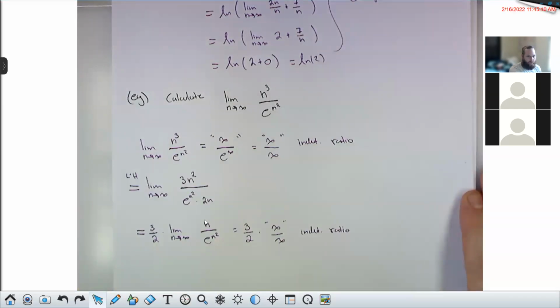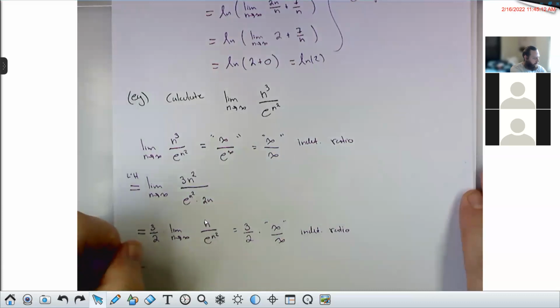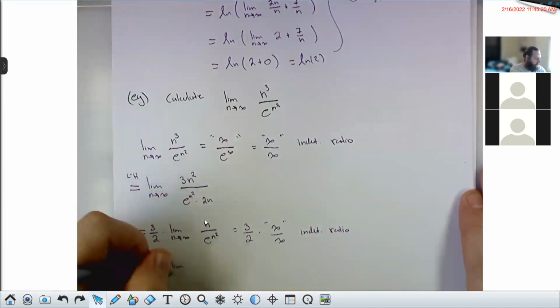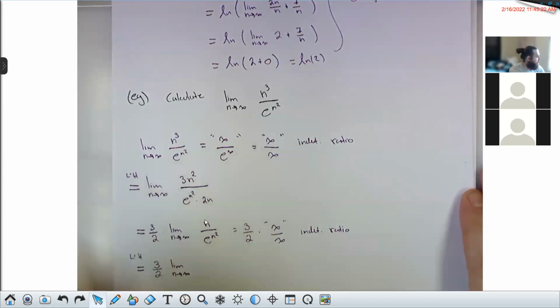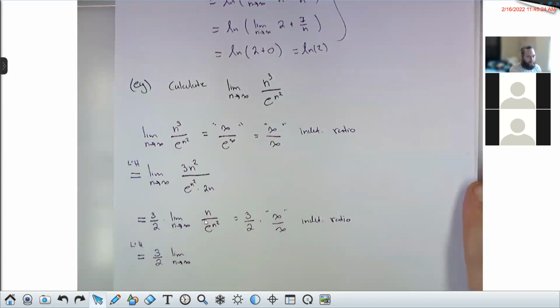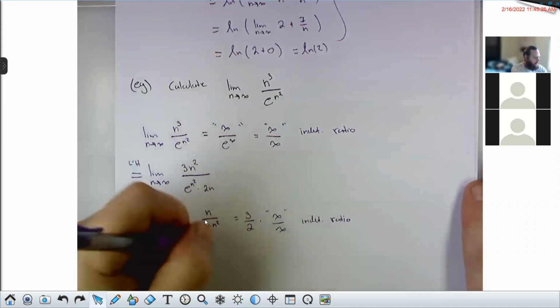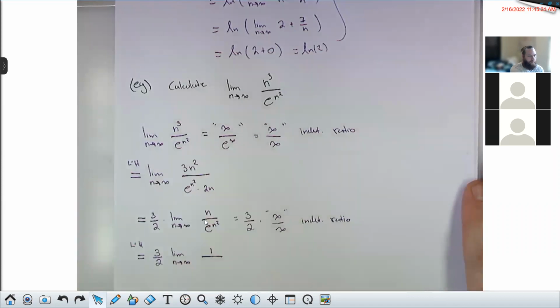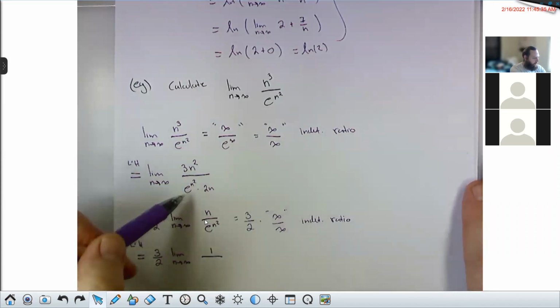So in order to handle this guy, I'm going to do L'Hopital's rule again. I still have my 3/2 there. Limit as n goes to infinity, we use good notation, we always write our limits. The derivative of the top, if I differentiate just n, just like if I differentiate just x, I get 1. And the derivative downstairs is the same thing it was before. It's a chain rule derivative.